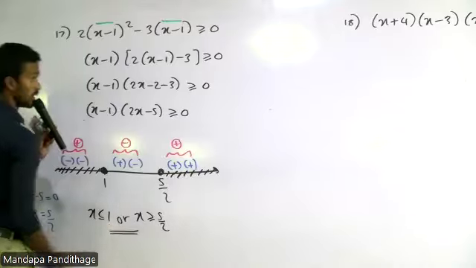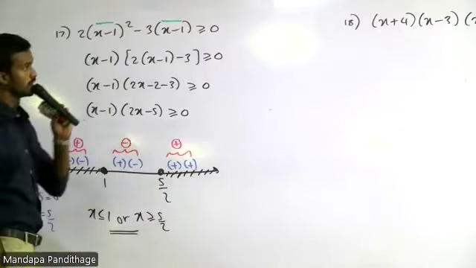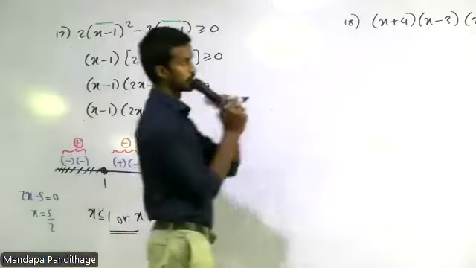And then this one, same thing, but when there's a square, we know that it doesn't change the sign. There's a small difference in the pattern. If you take the number line, it's minus 4, minus 2, and 3. Consider any value in this range.